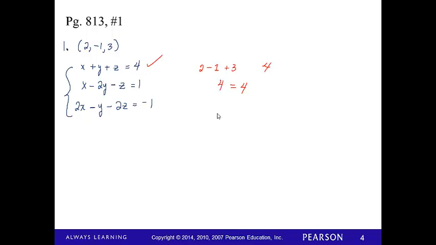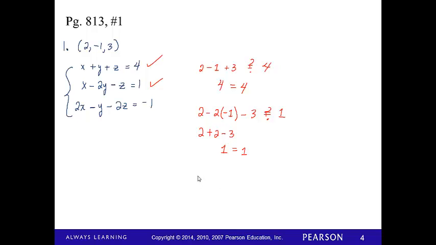So it works for the first equation. Let's check the second. Now it's 2 minus 2 times negative 1 minus 3. Does that equal 1? Remember, all we're doing is substituting the x, the y, and the z. So that's 2 plus 2 minus 3, which is 1, and that does equal 1. So it works for the second equation.